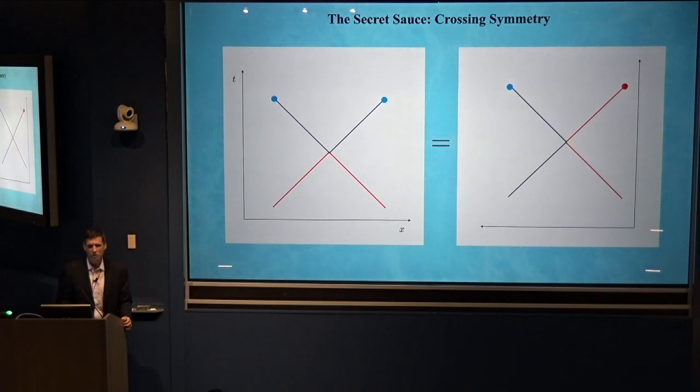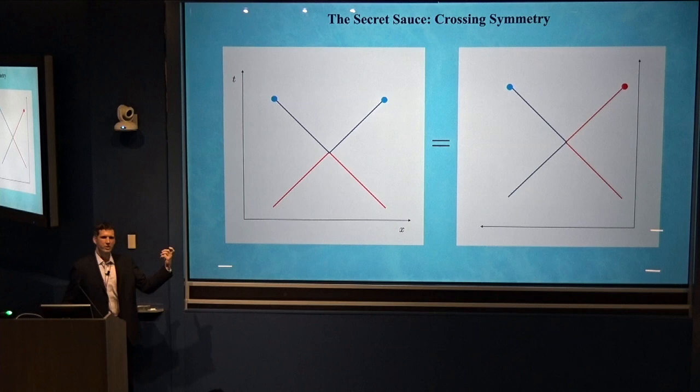In fact, these two different physical processes have the same probability for occurring. So this is called crossing symmetry, and it tells us that these two physically different experiments have the same outcome, the scattering of the two red particles or the scattering of the red versus blue.